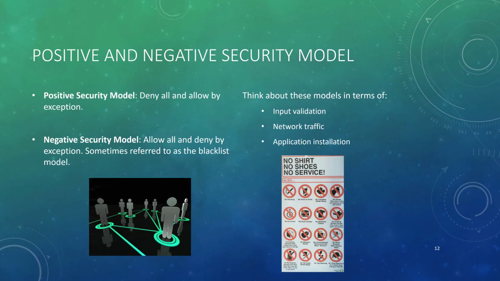Okay? In the positive security model, what you're doing is you're going out and denying everything, and you're only allowing by exception. In the negative security model, you're allowing everything, and you're denying by exception. So if you look over to the no shirt, no shoes, no service, and then a couple of other things associated with it, that's a negative security model.